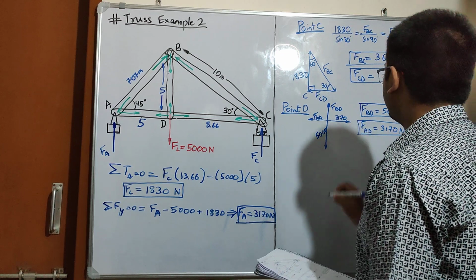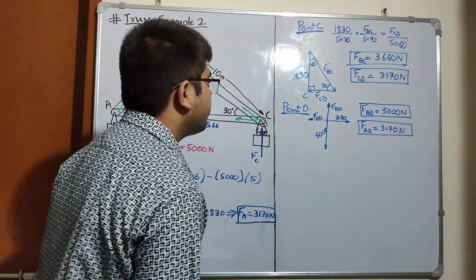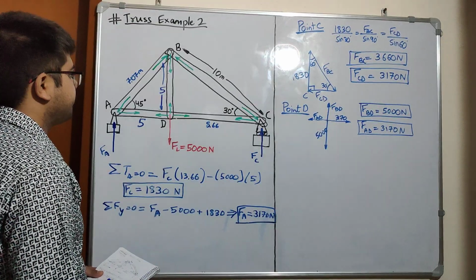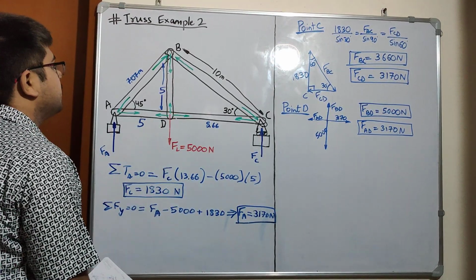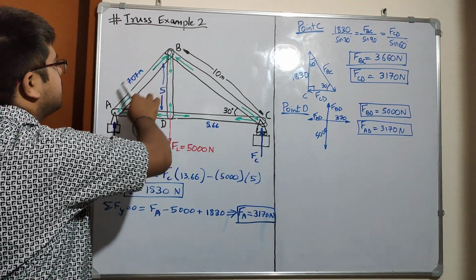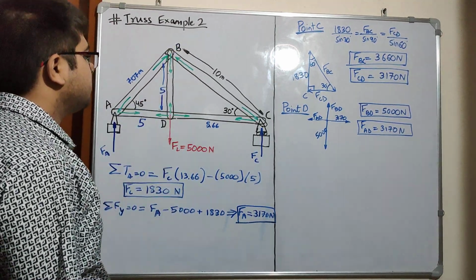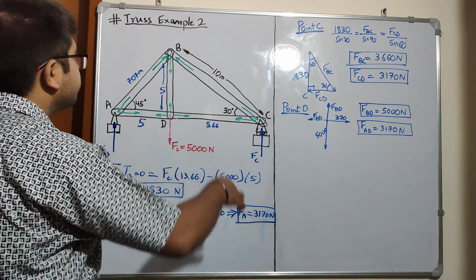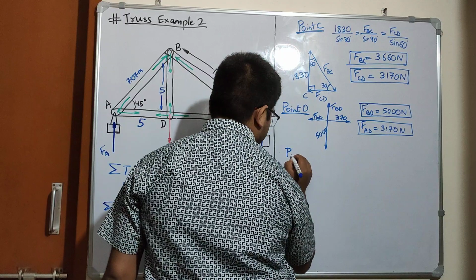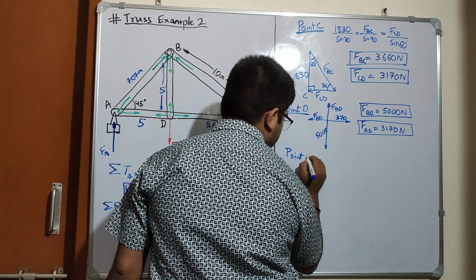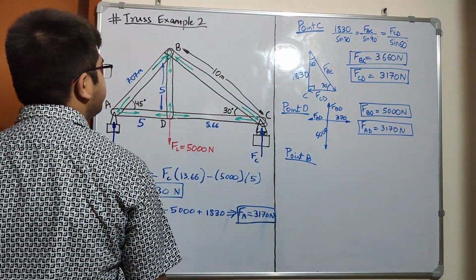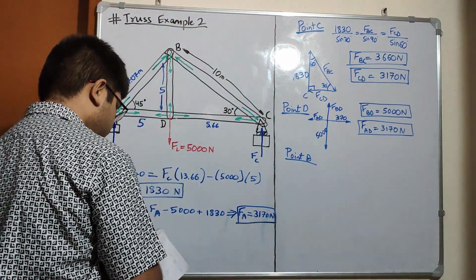Now let's see which member is left. We have analyzed this joint. We haven't got FAB, so we'll analyze point B. At point B we have three forces.